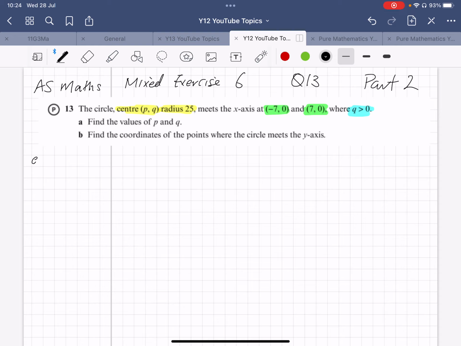So let's have the general formula for a circle using center PQ. That's x minus p all squared plus y minus q all squared is equal to 25 squared, which is 625.